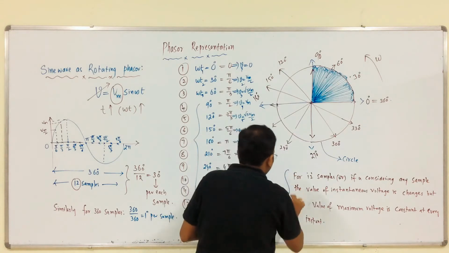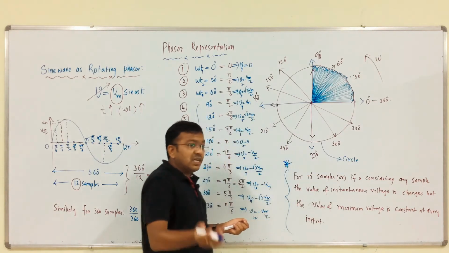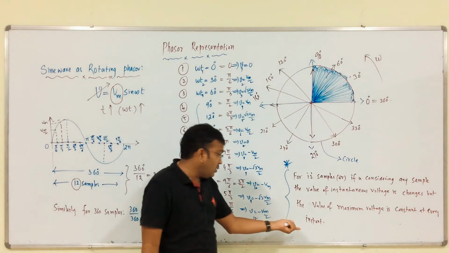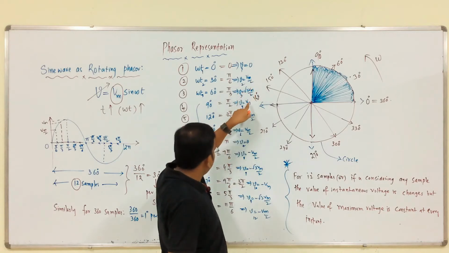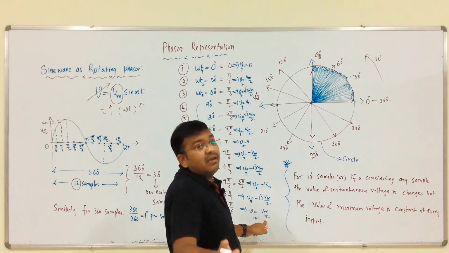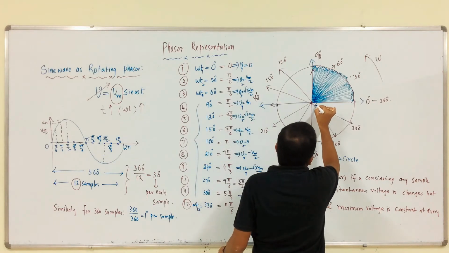This is a very important point. So, for every instant, the instantaneous value of voltage changes, but the maximum value is constant, right. See, for every instant we will have that Vm only.